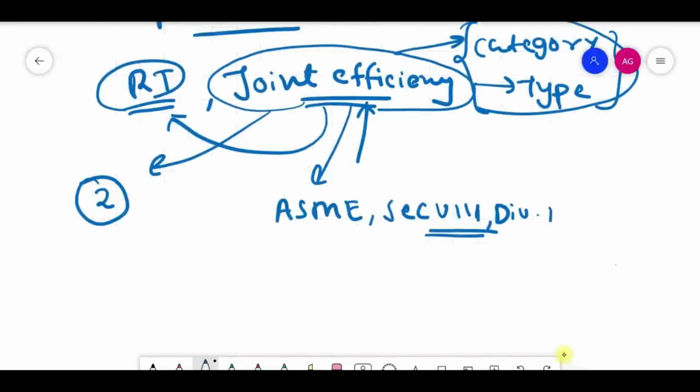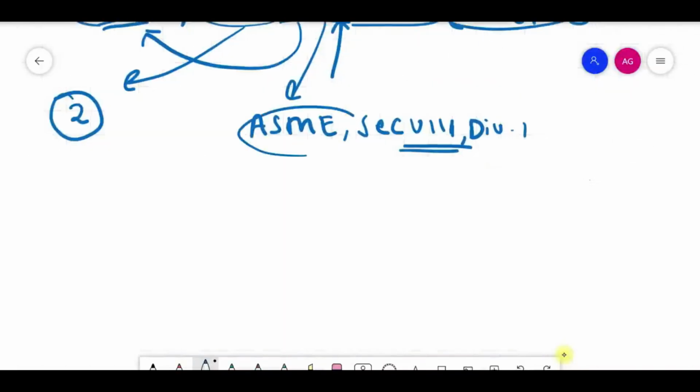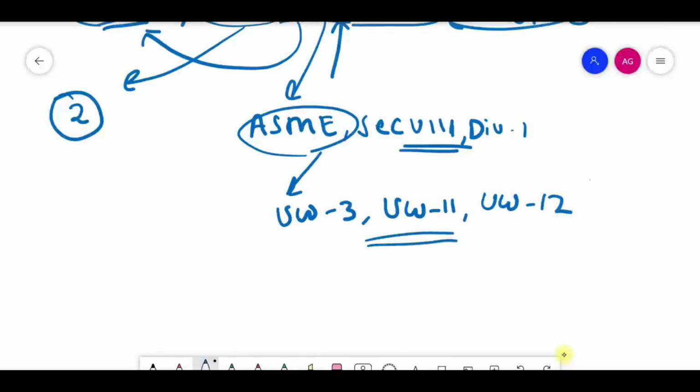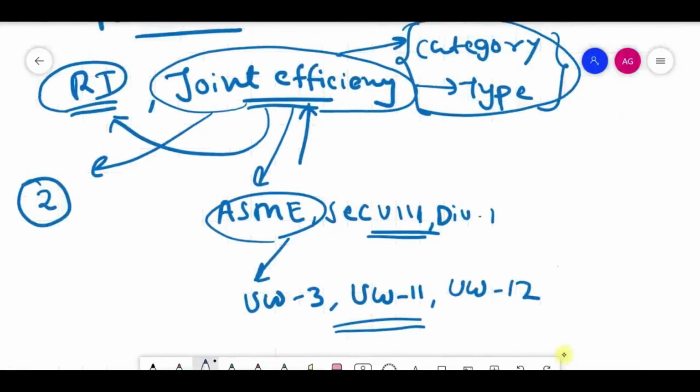Further, we will see that in Division 1, first of all, you will have to see the clause UW-3. Apart from this, you will have to see UW-11 and UW-12. After that, you will know how it works.